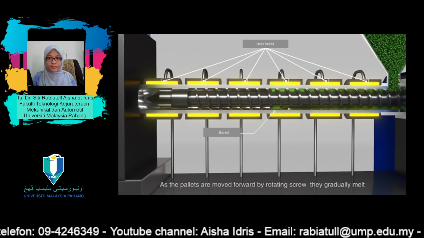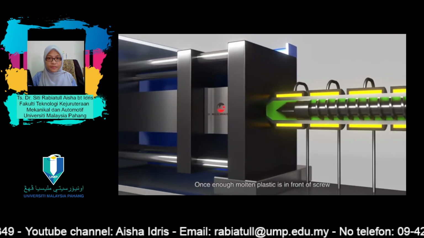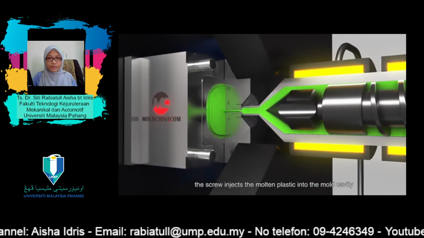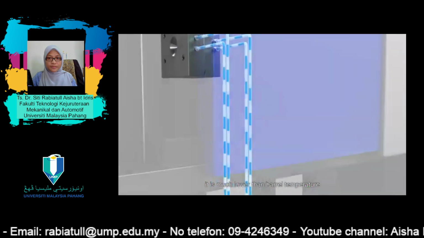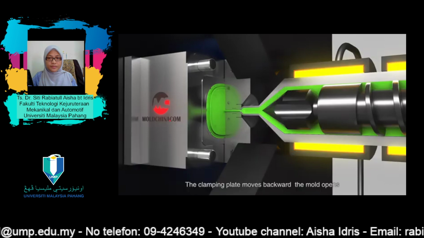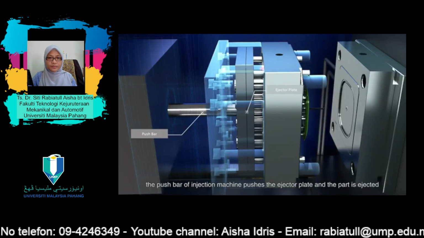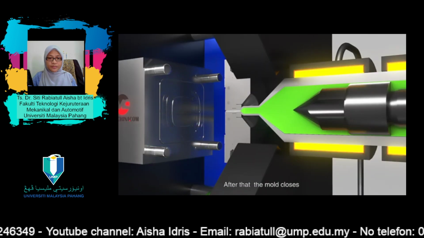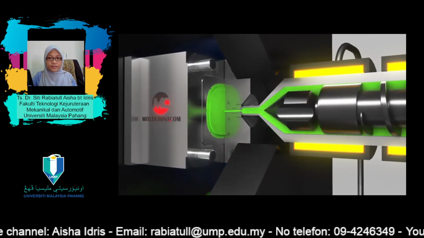As the pellets are moved forward by a rotating screw, they gradually melt. Once enough molten plastic is in front of the screw, it injects the molten plastic into the mold cavity. The mold temperature is controlled by the temperature controller. It is much lower than barrel temperature, so the molten plastic solidifies in less than a minute. The clamping plate moves backward. The mold opens. The push bar of injection machine pushes the ejector plate and the part is ejected. After that, the mold closes and the process repeats.